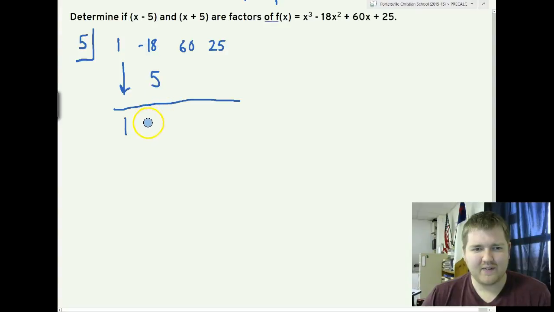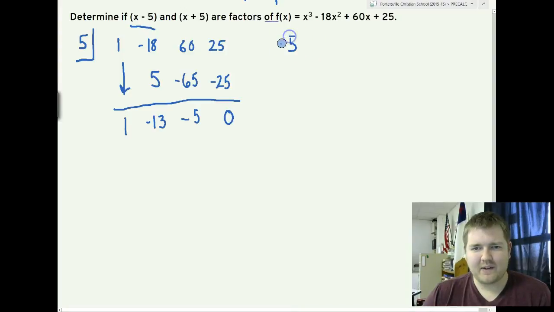Negative 18 plus 5 is negative 13. 5 times negative 13 is negative 65. And then that's 5. When you add them, 5 times negative 5 is negative 25. Add them and we get 0. So x minus 5 is a factor.